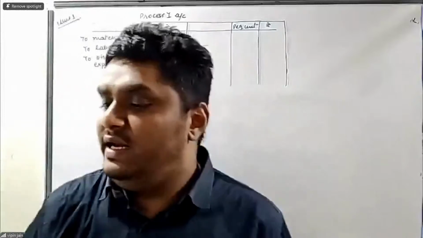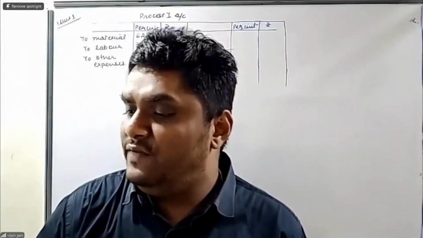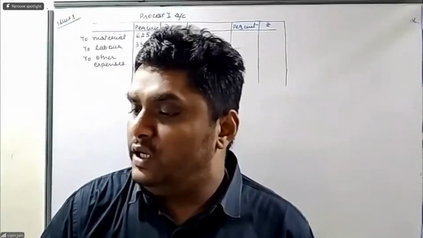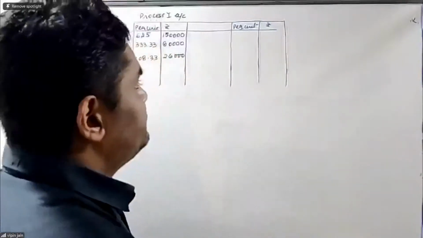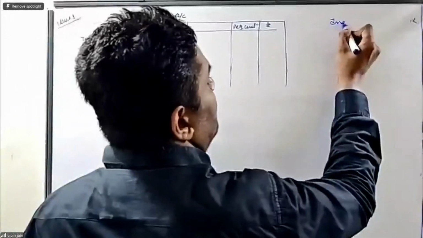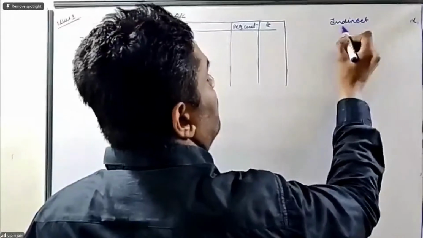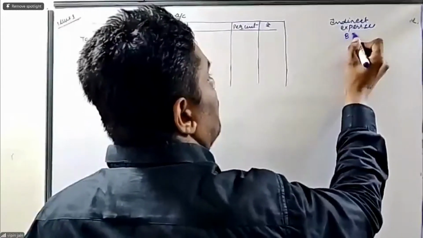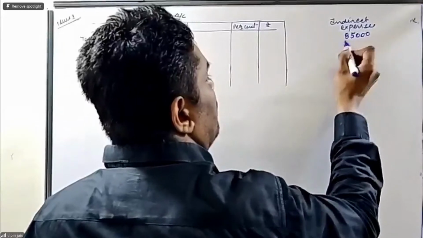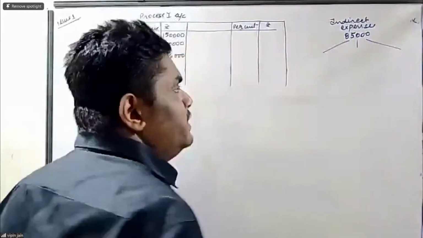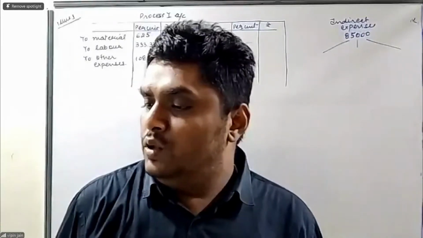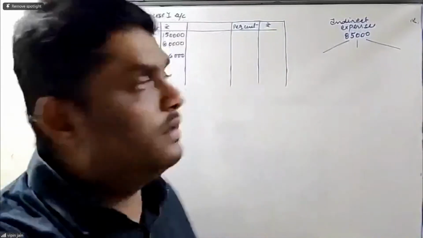Apart from this, there are indirect expenses also, that are 85,000. And it is to be apportioned in the ratio of direct wages, and the wages are given. So 8, 20, and 6.